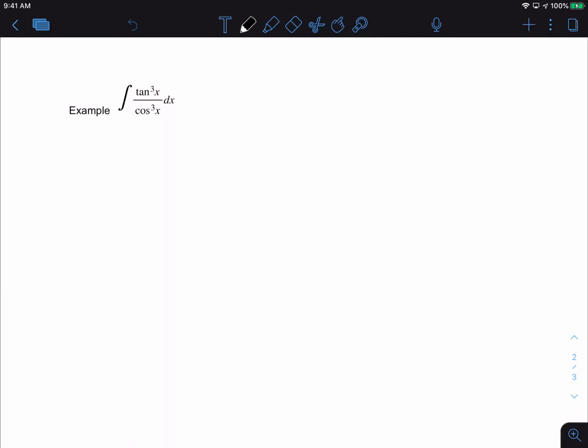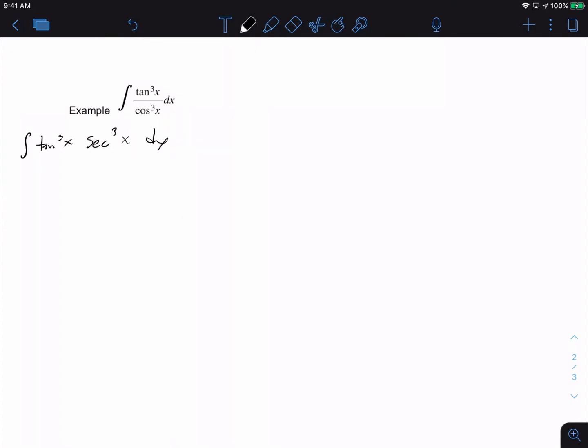So the first way I'm going to attack this problem is I'm going to break this up into the integral of tangent cubed x secant cubed x dx, because 1 over cosine is secant.